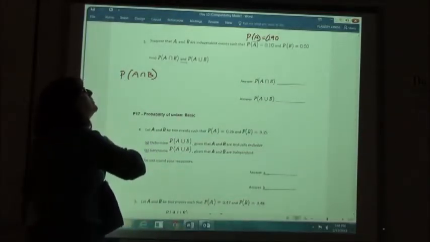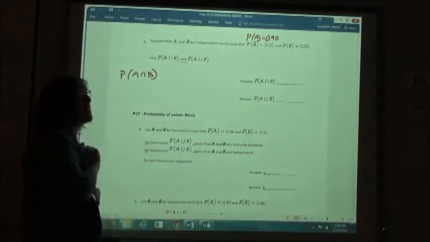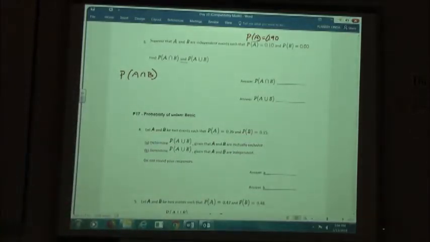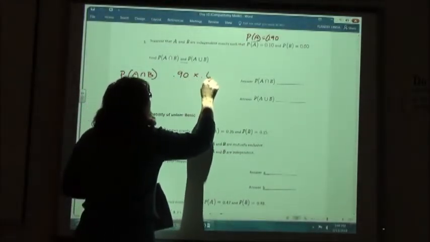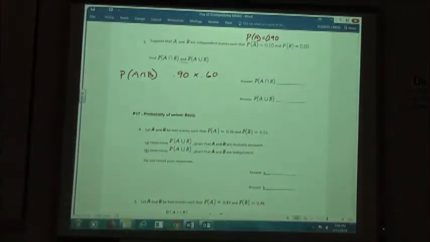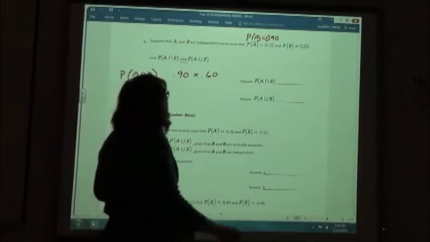We're going to multiply them. 0.90 times 0.60, right? A and B happening at the same time, we've got to multiply them together.